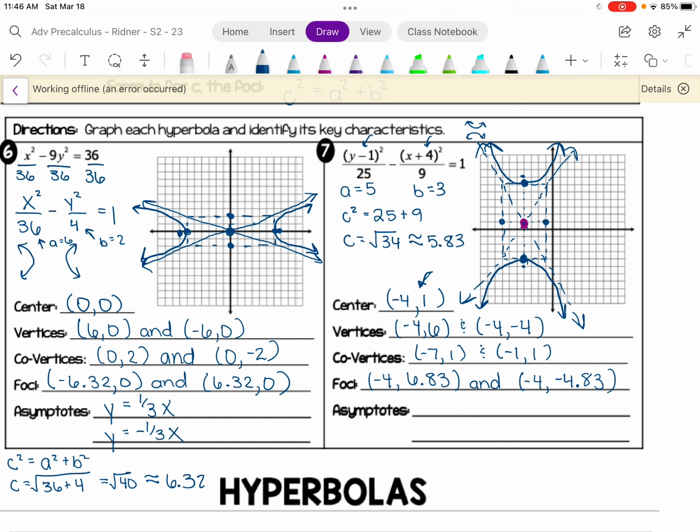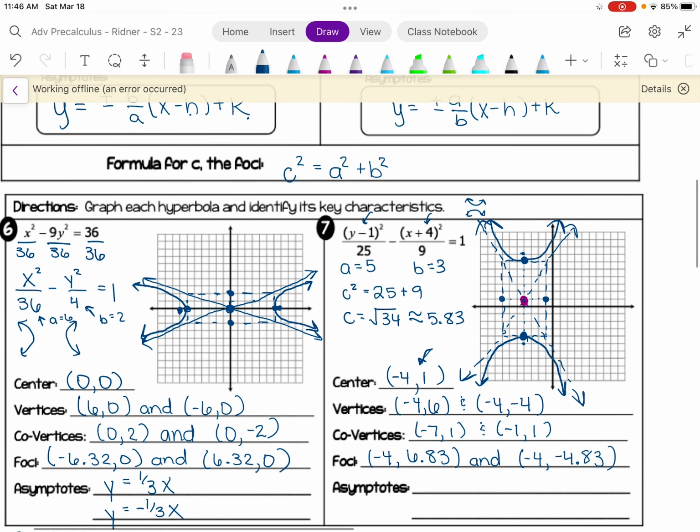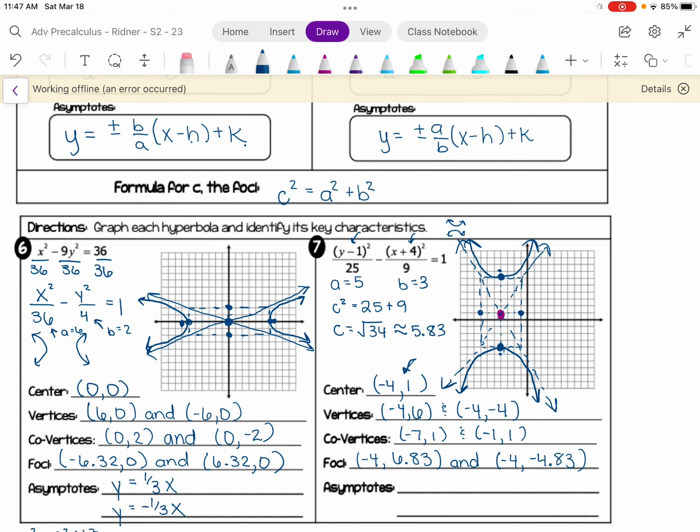Okay. For your asymptote, this one would be harder to just look at the graph because I don't know exactly where my y-intercepts are. And in fact, my y-intercepts are at fraction answers, so that's not helpful. So I am going to use the formula right there that says y equals plus or minus a over b. So in this case, 25. Nope, that's a squared. Remember, a is 5. B is 3, so 5/3.